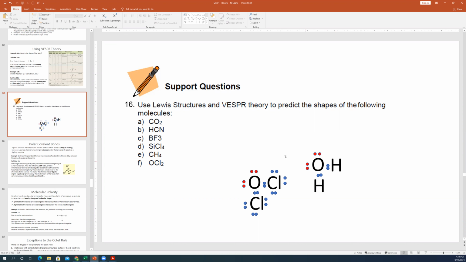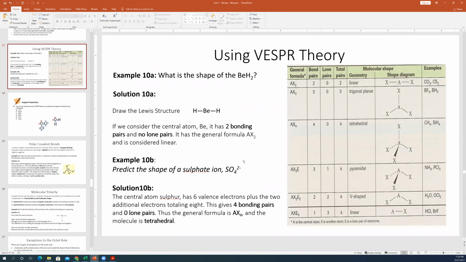Exactly. It's the same situation. You get the AX2, but wait, you have two pairs of lone electrons. So it's more this AX2E2 geometry, which is the classic V-shaped arrangement of water.